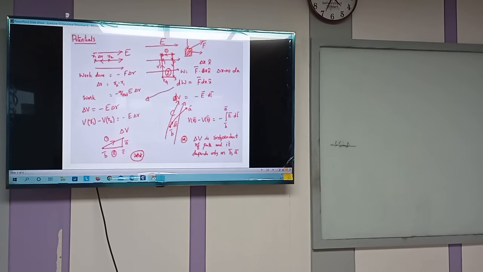Let the electric field be directed along the horizontal to the right side. So let this electric field be constant at every point, directed to the right side, okay?